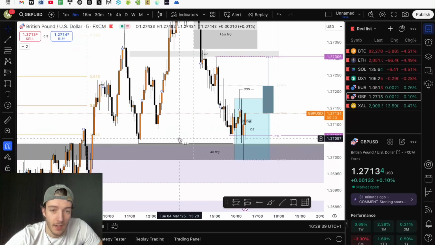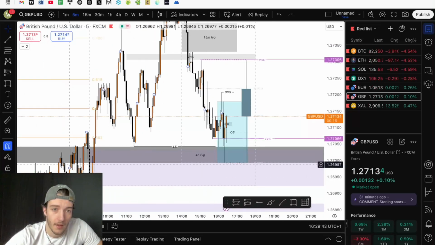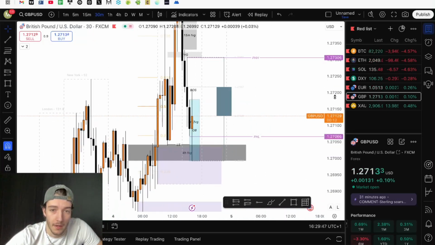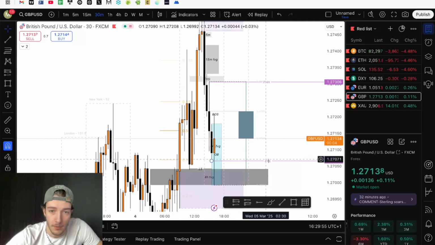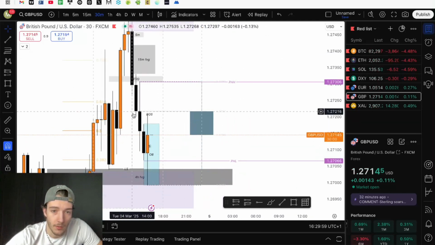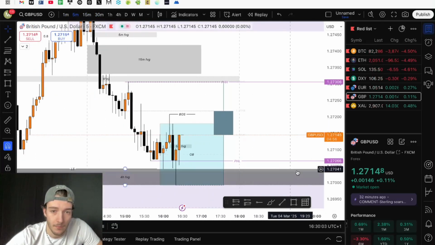This setup looks kind of good: liquidity sweep here, 4-hour fair gap tap, tap into this 30-minute London low, long wick. We also tapped into this 30-minute fair gap once. The next one is up here, so this 30-minute candle close like this, okay.